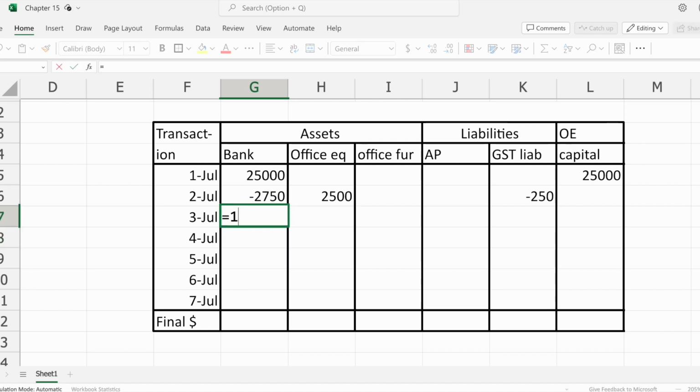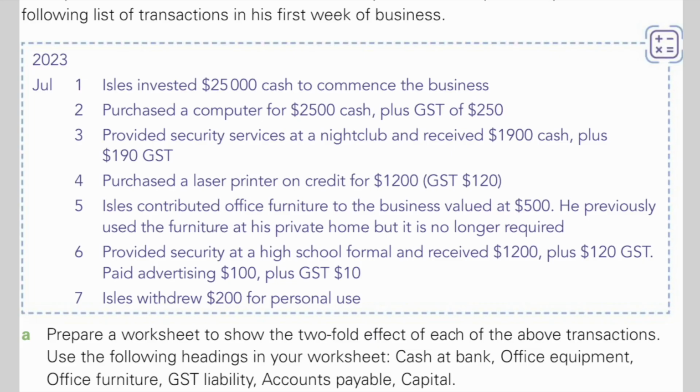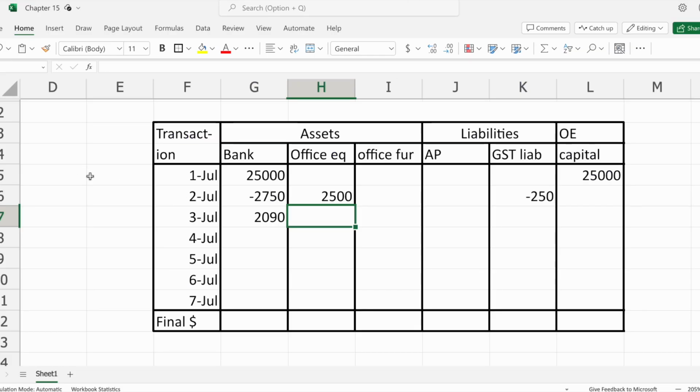Oh, my bad. 1,900 plus 190, and then you end up with 2,090 in the bank because it's affecting cash. So the keyword here is cash, because whenever you have a cash transaction, it's impacting the bank. So our next transaction: the assets add up to 2,090.